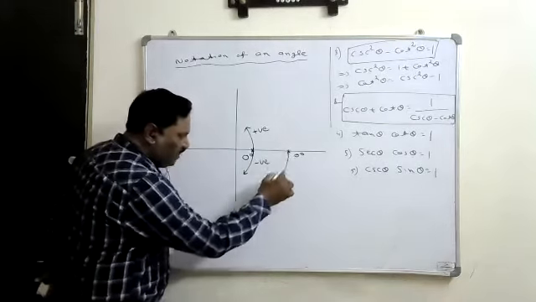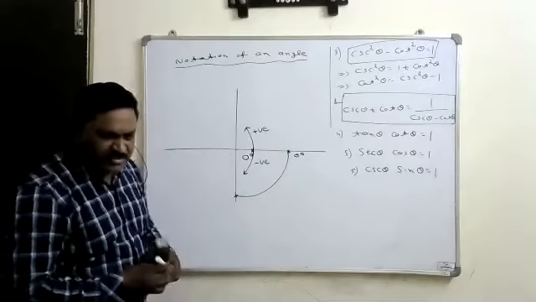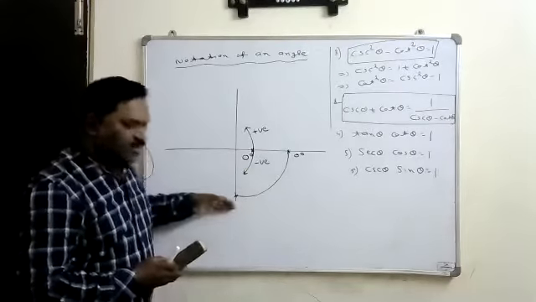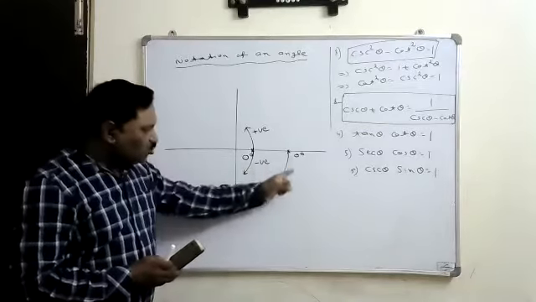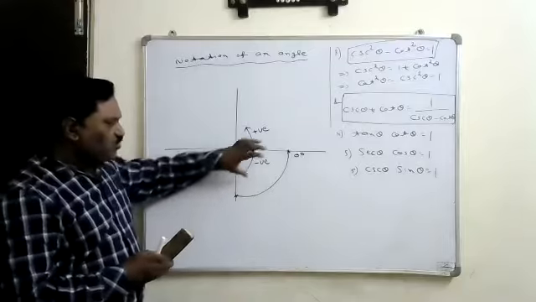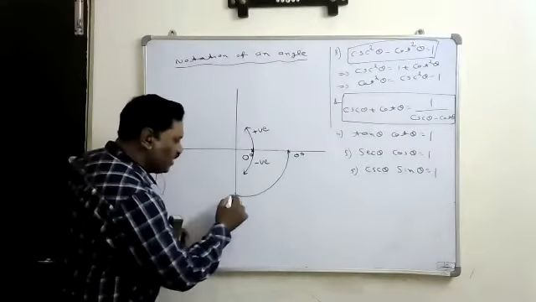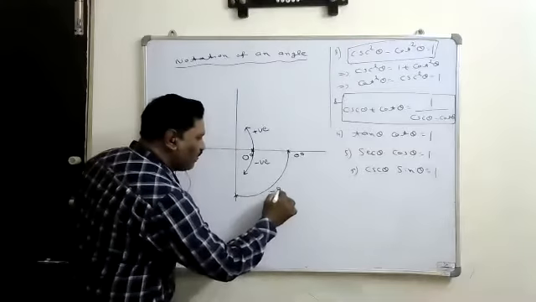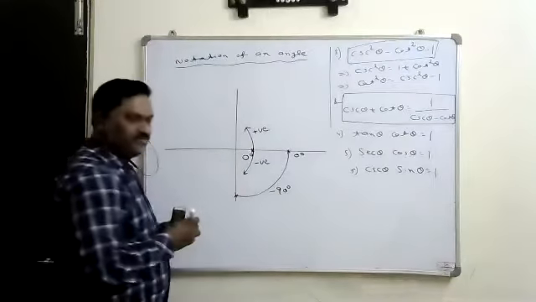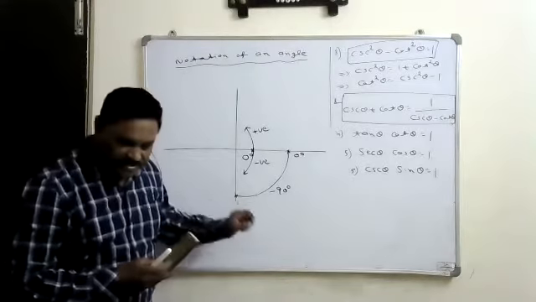From this, if I take the angle up to the y-axis in the clockwise direction, what is the total angle? 90 degrees. But we are taking it in the clockwise sense, so this angle is minus 90 degrees.